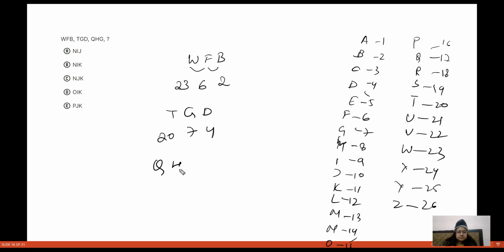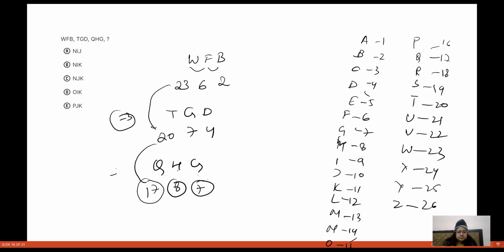Fine. Now you see Q, H, G. Q is 17, H is 8, and G is 7. So here to here you just subtracted minus 3, and here to here you just subtracted minus 3.